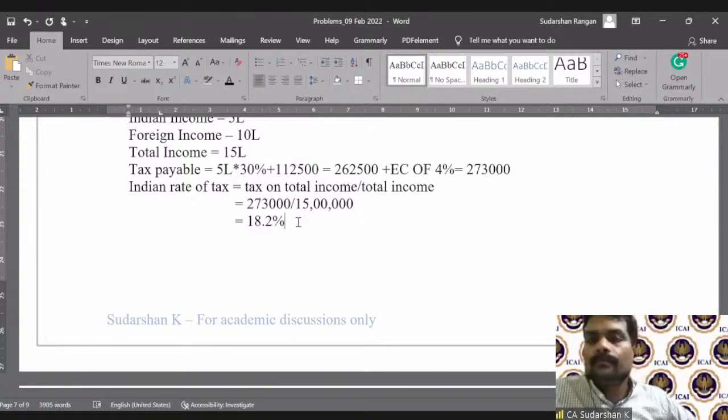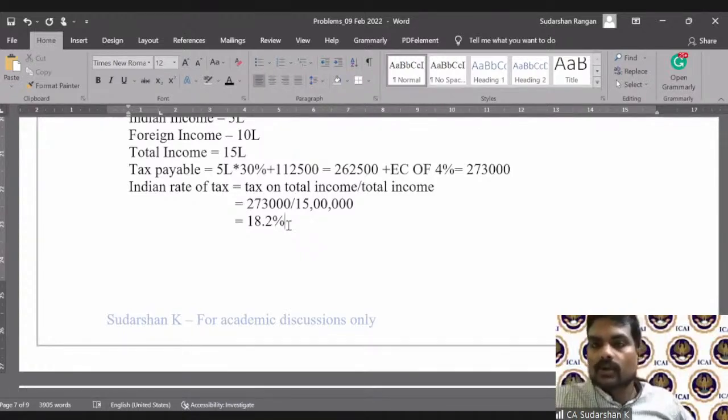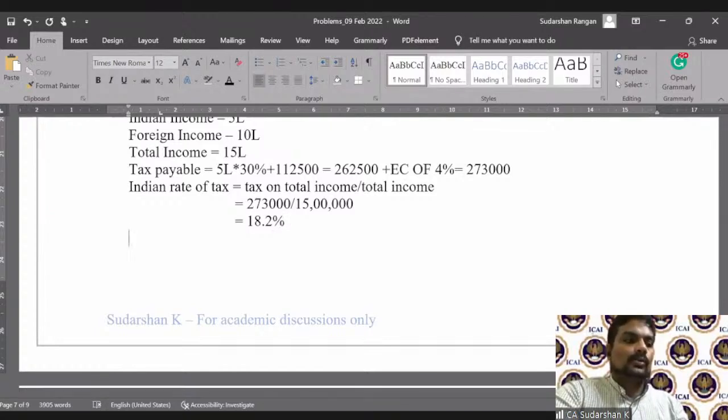So this is what I was trying to mention. Normally you may think I come under the 30% rate, so my nominal rate would be 30%. But because of slab rate benefits, the progressive schedular system, of course, we have a progressive tax basis, your effective tax rate comes only to 18.2%.